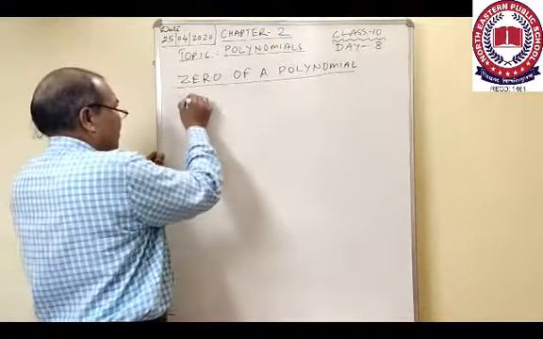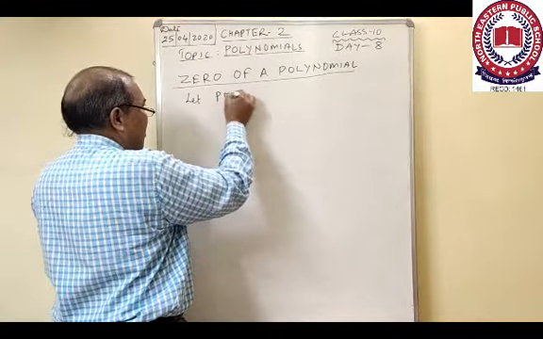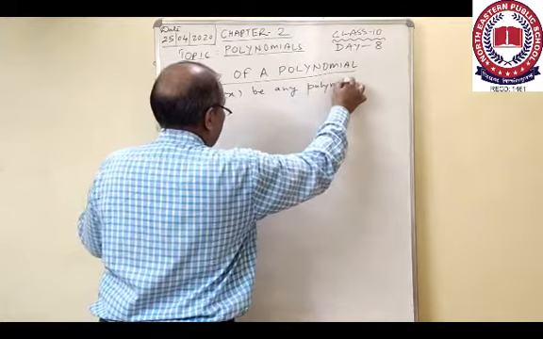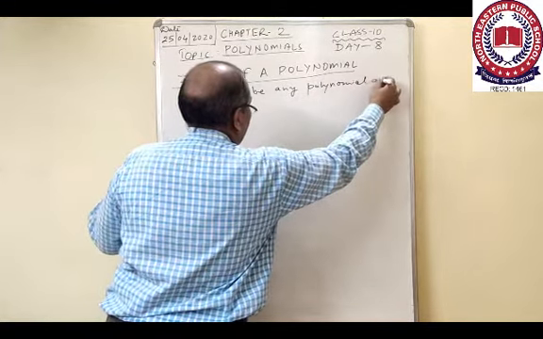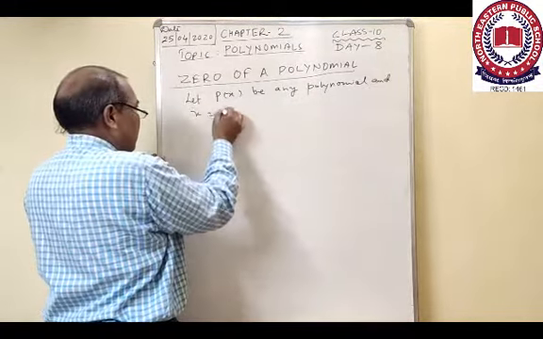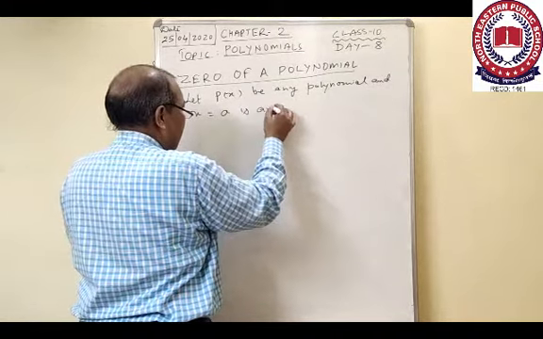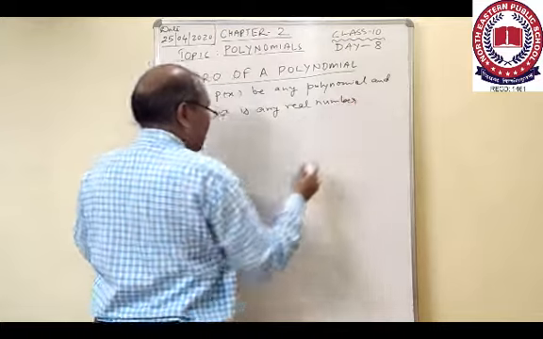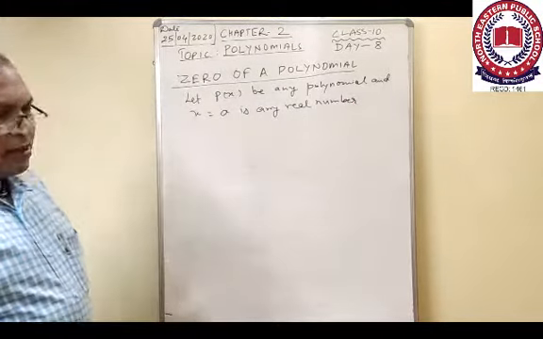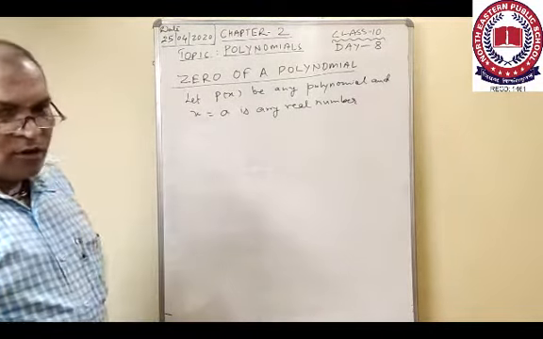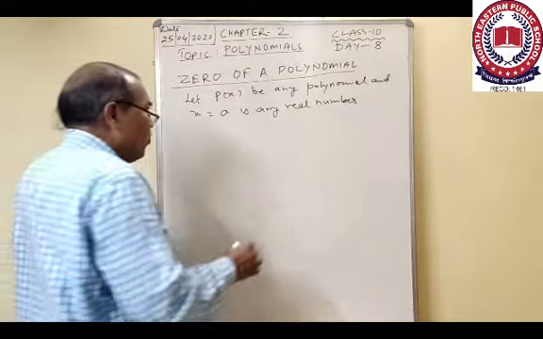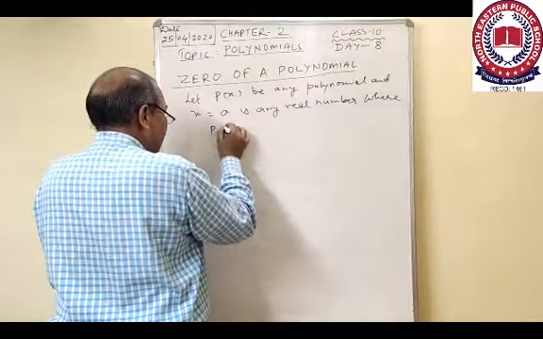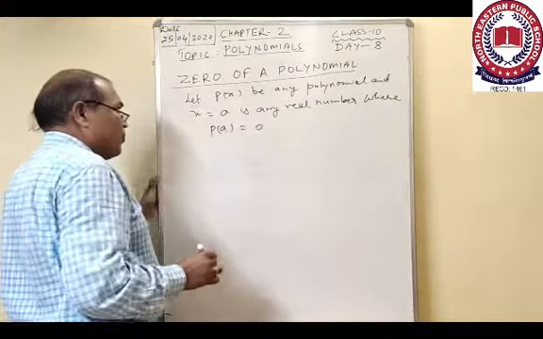Let us have p of x be any polynomial and x equal to a is any real number, where P of a equal to 0.